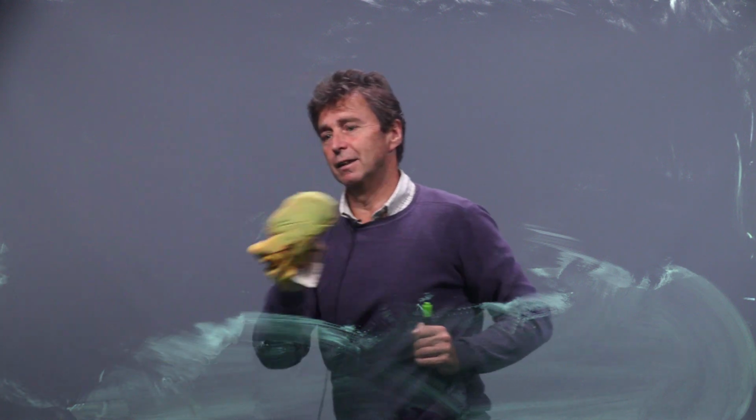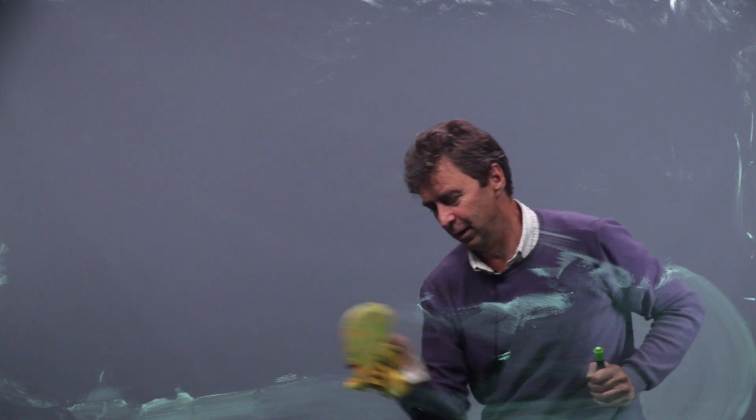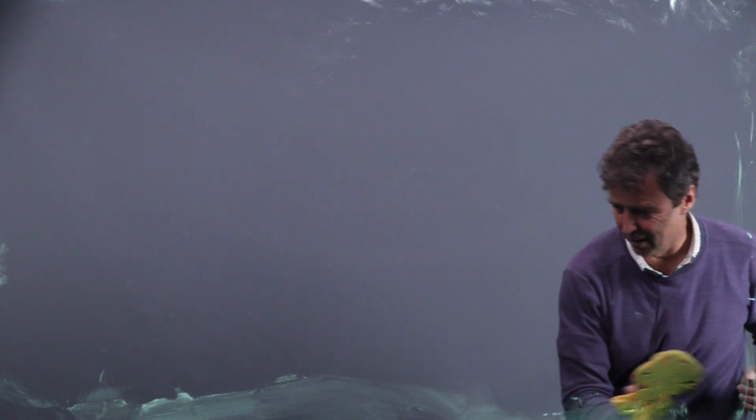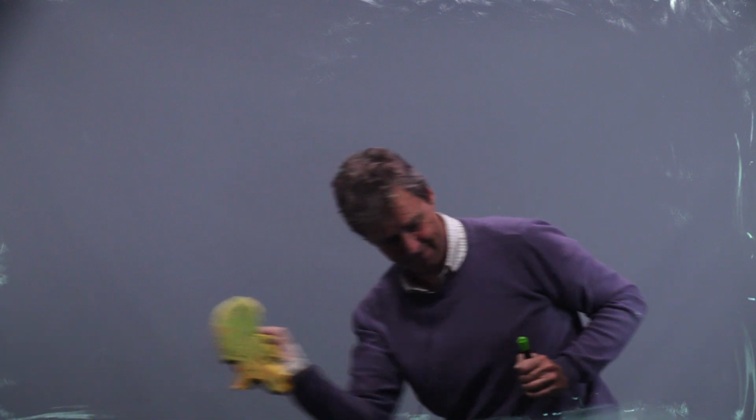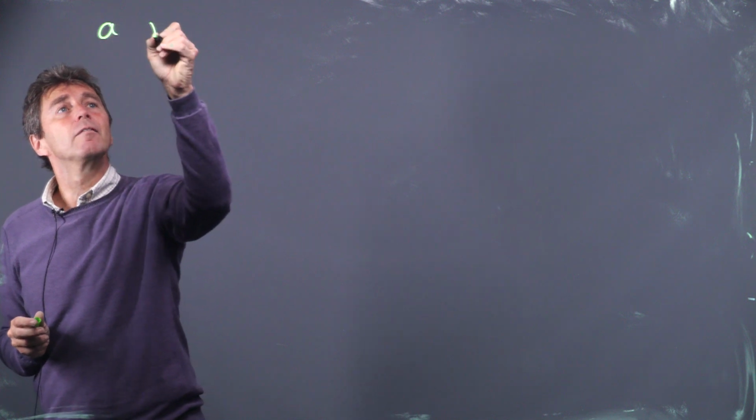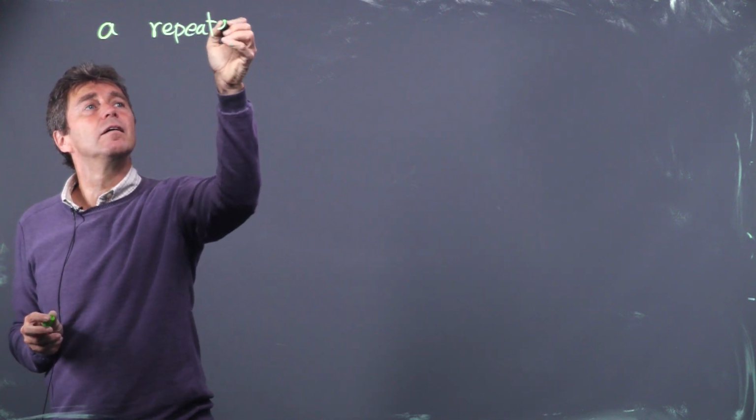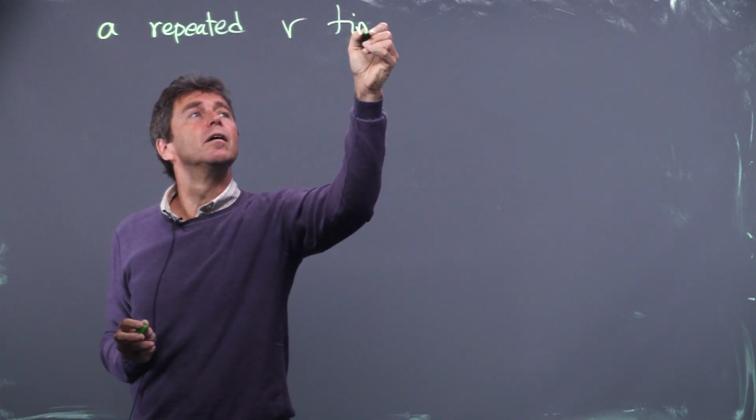So what do you do in those cases? Well, you have to make up an expansion that suits how many eigenvectors you have. So let's say that you've got A repeated R times.